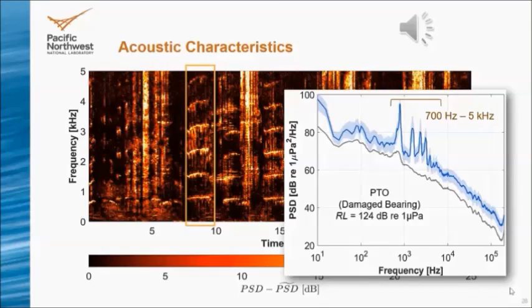And this is extremely important because the developer obviously doesn't want to have a damaged bearing or any other non-fully functional parts, so being able to measure the acoustic output will become part of their common practice to measure the health of these technologies. This is a great opportunity for us to work with them to figure out how we can integrate other parts of environmental monitoring with the monitoring that they're already going to be doing.